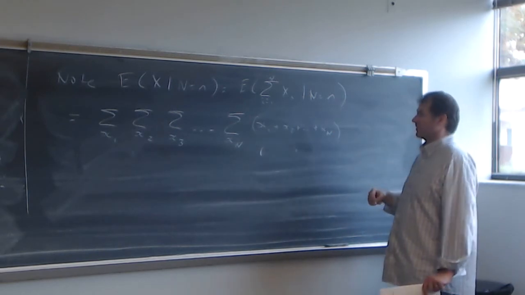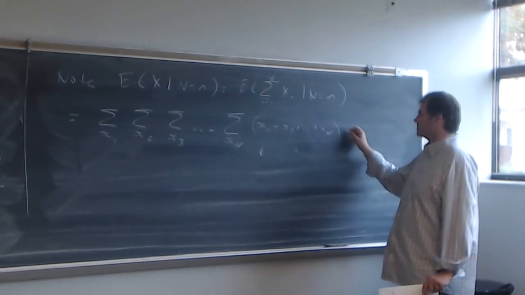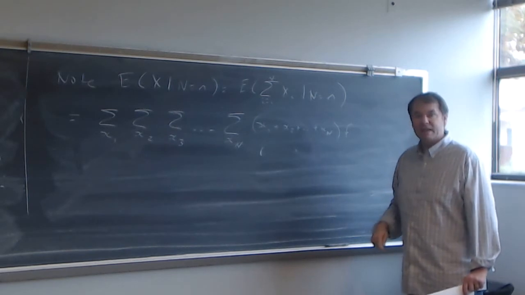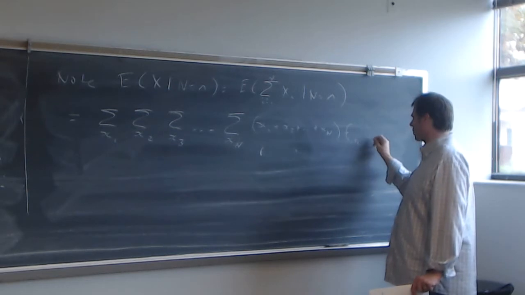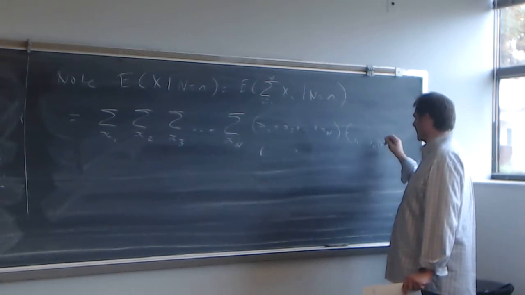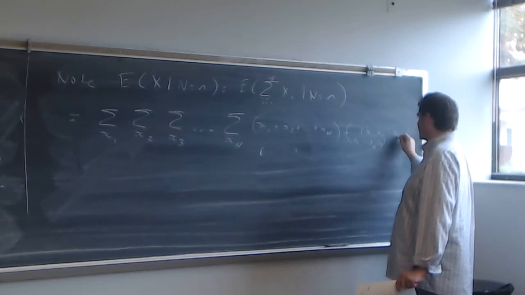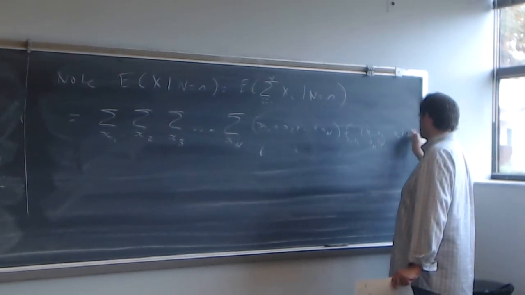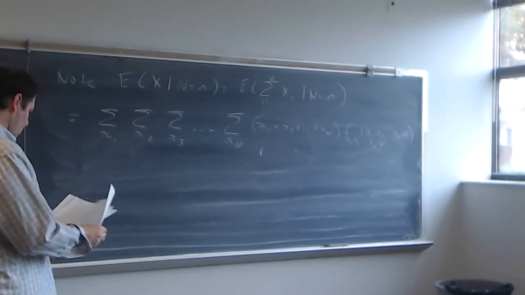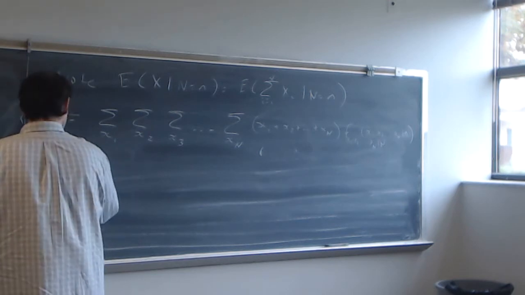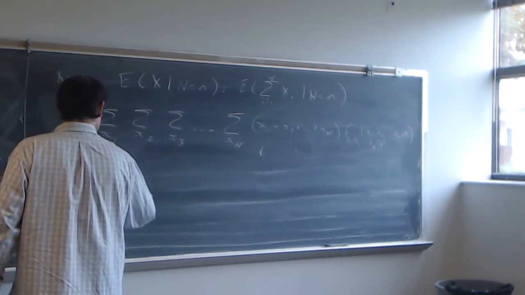So these are discrete random variables. I'm going to use the conditional PMF of X sub 1, X sub 2, all the way up to X sub n, given N equal to, well, here it'll just be little n. All right, so that's what we have. Now, we can rewrite that second part. So the first part, the sum, we'll leave as is.